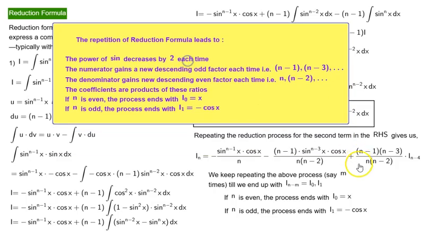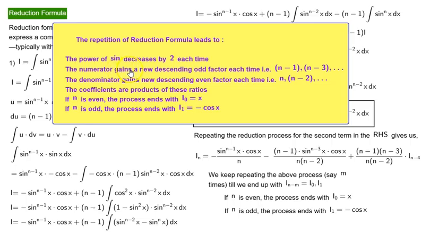So if you notice here, we started off with 1 by n, then (n minus 1) by n times (n minus 2), then (n minus 1) times (n minus 3) by n times (n minus 2). So as we keep repeatedly applying the reduction formula, we get n minus 1, n minus 3, n minus 5, and so on.